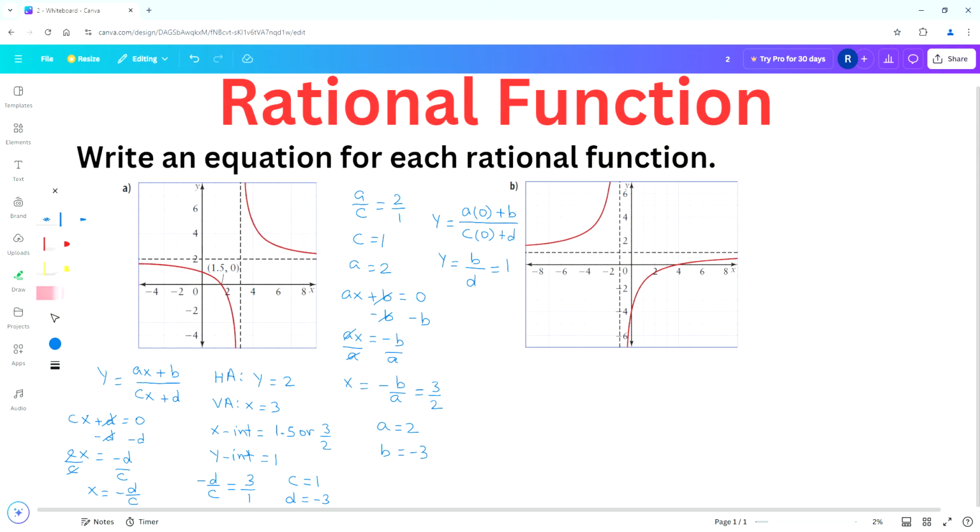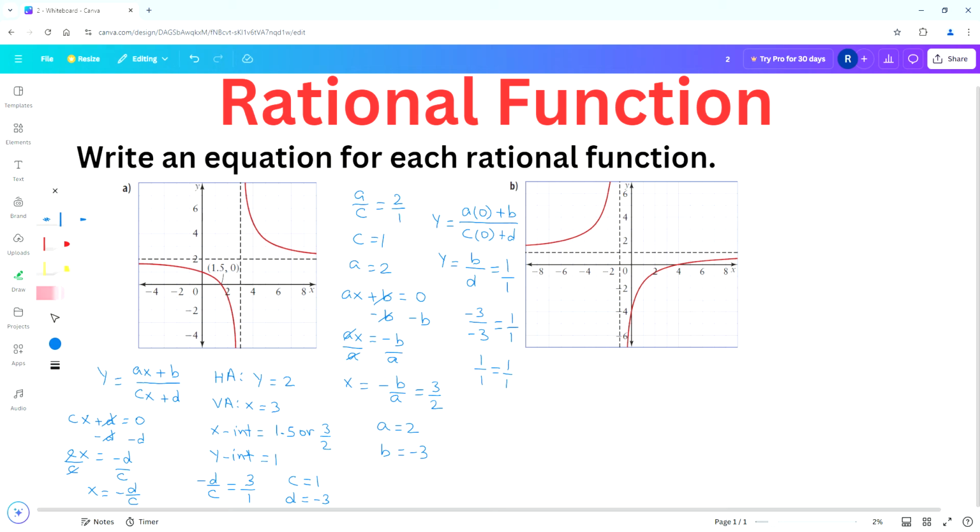So b over d should be equal to 1. The denominator of 1 is 1. Now we found the value of b to be negative 3 and the value of d as negative 3. So if we sub in these values of b and d in the ratio on the left side, negative 3 over negative 3 is equal to 1 over 1. That means the values that we found satisfy all the key features of the given graph.